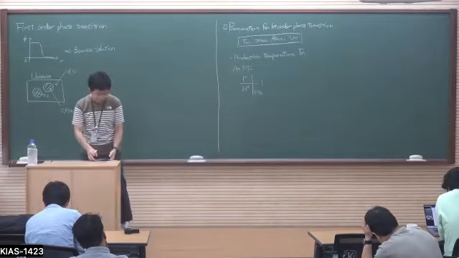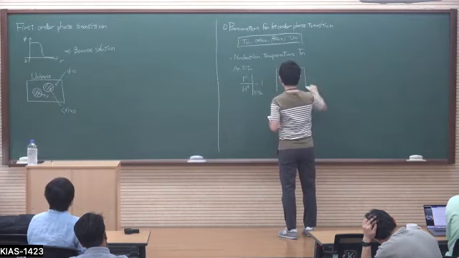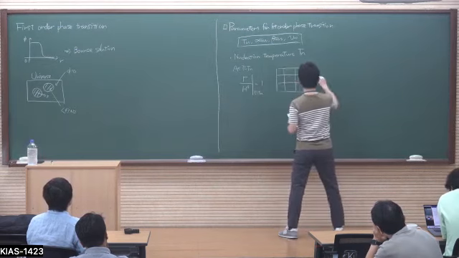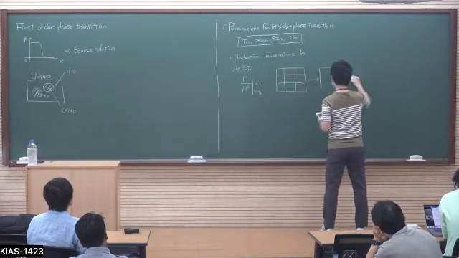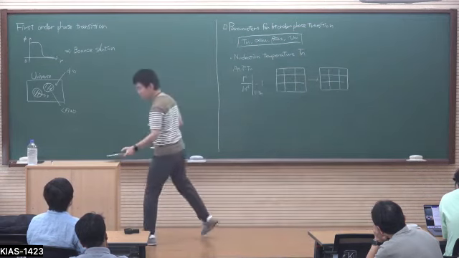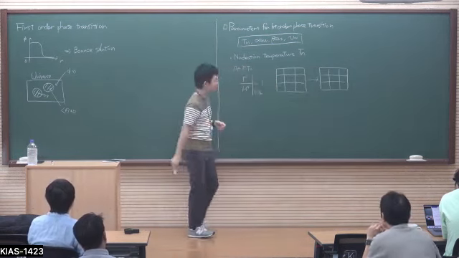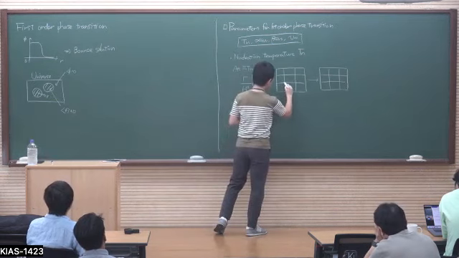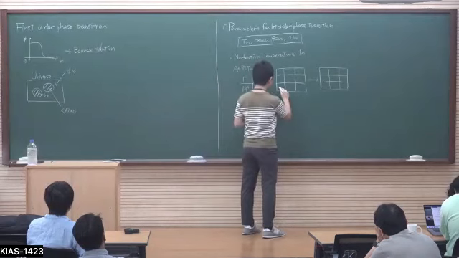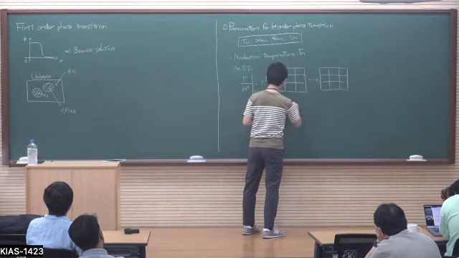And the physical meaning of this condition is the following. This figure shows a universe, and each box represents one Hubble volume, the horizon.